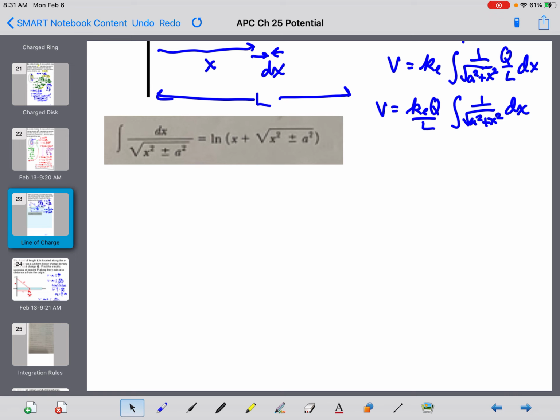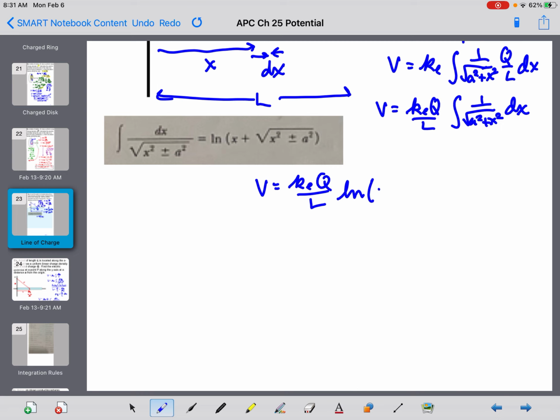There's our rule. If we apply that rule, V will equal k sub e Q over L natural log. We're dx, so we're in exactly the same format.